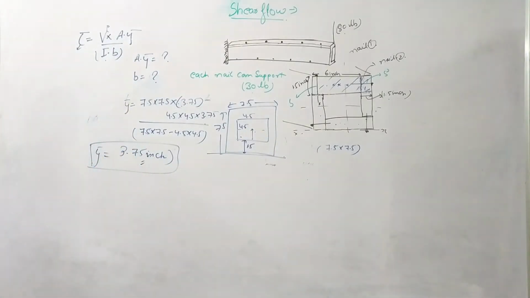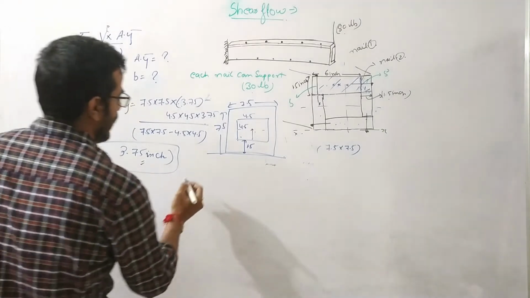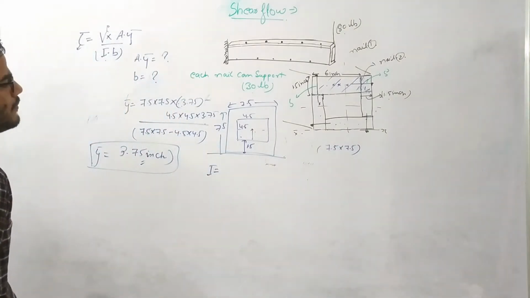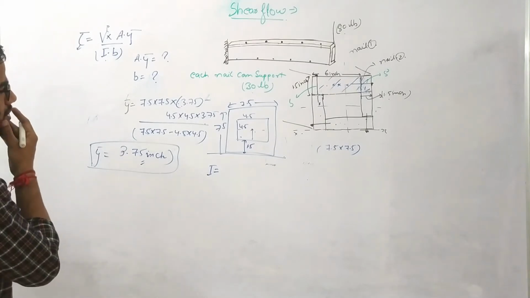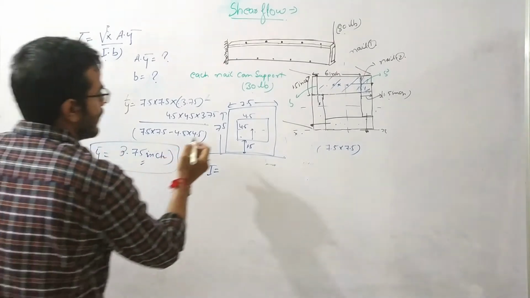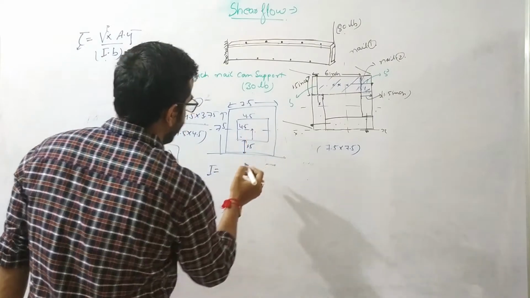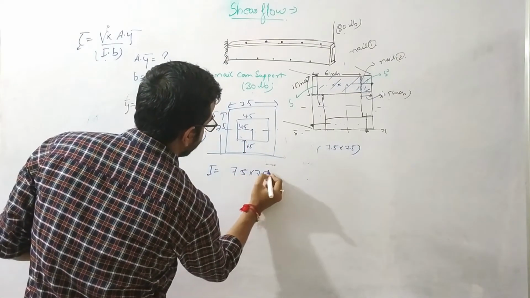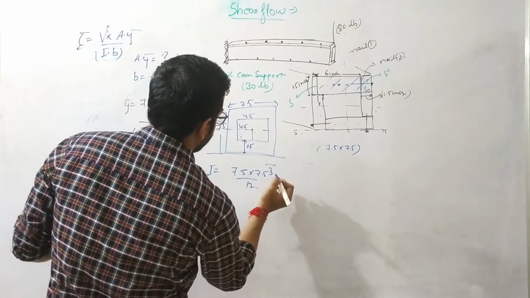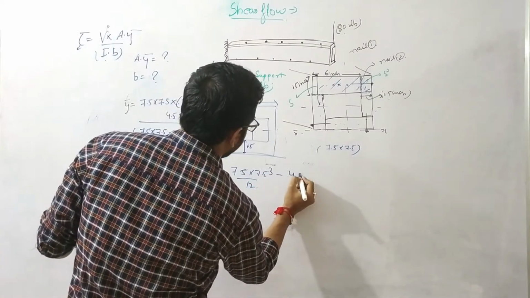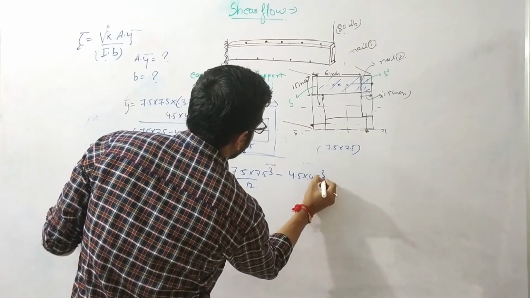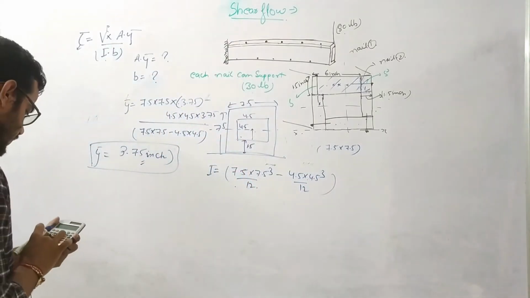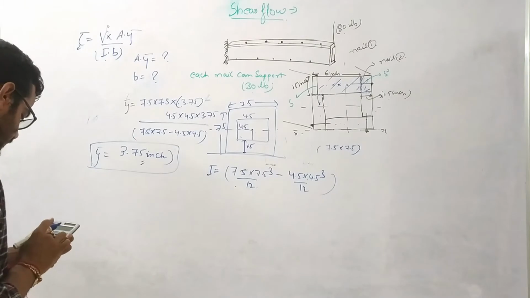Now I need to calculate the moment of inertia of this cross section, right? So I'll take 7.5 into 7.5 whole cube over 12 minus 4.5 into 4.5 whole cube over 12. This will be the moment of inertia.